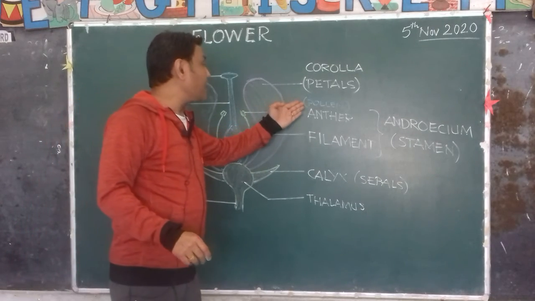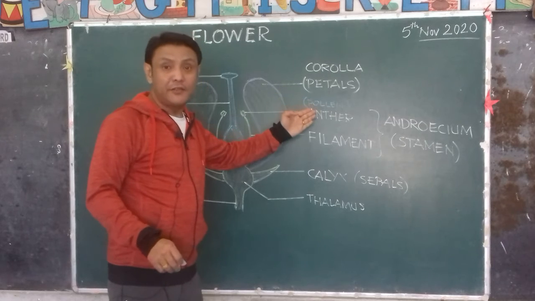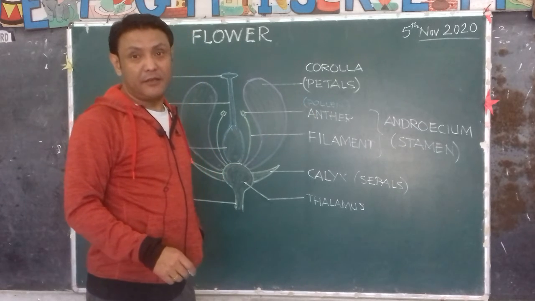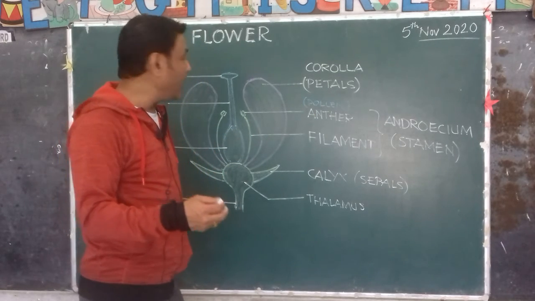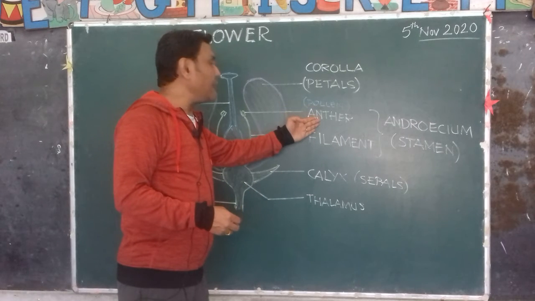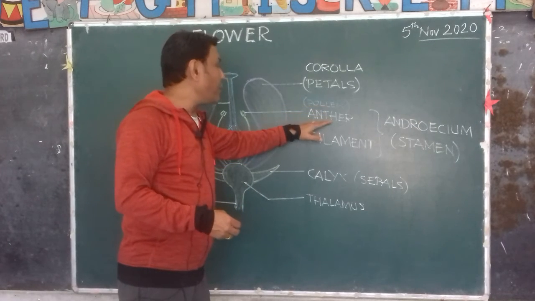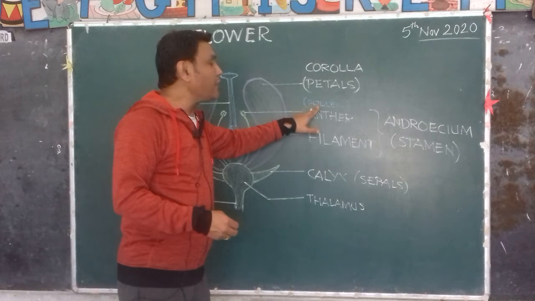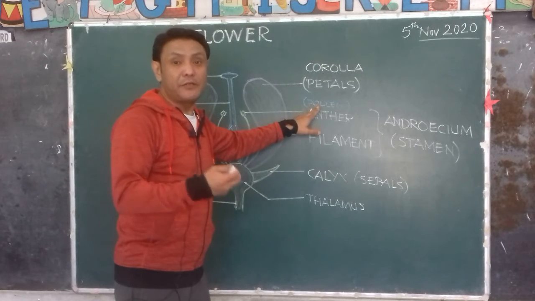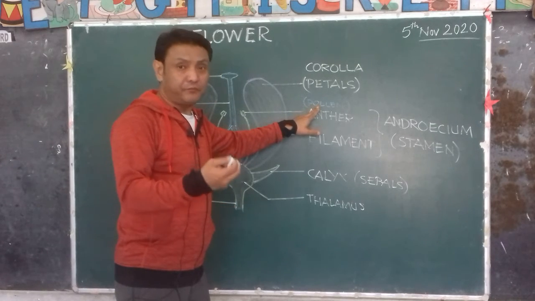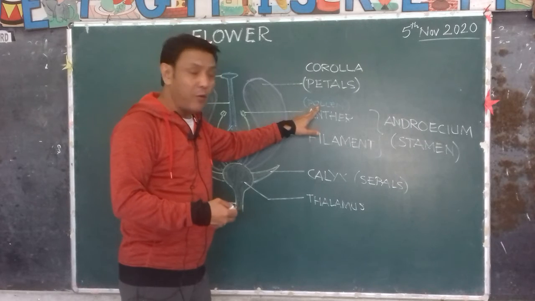The pollen grains contain the male gametes, male sex cells, which are produced in the anther. So the anther produces pollen grains, and pollen grains consist of male gametes, which are very important for sexual reproduction in a flower.